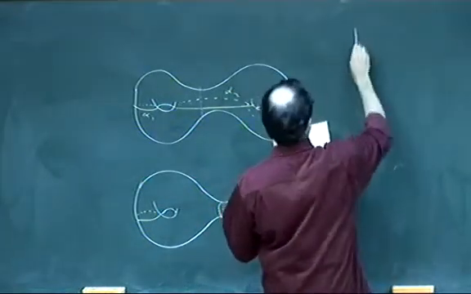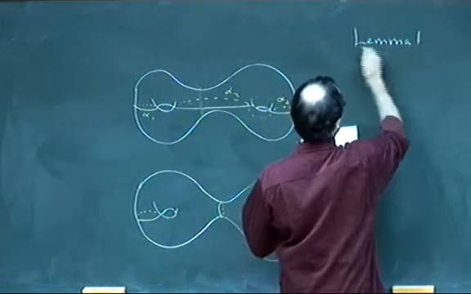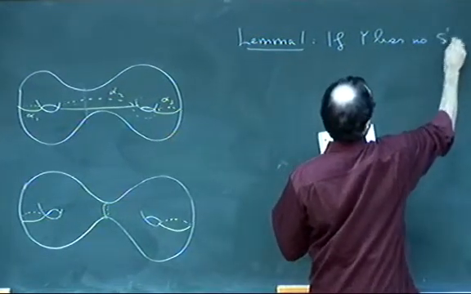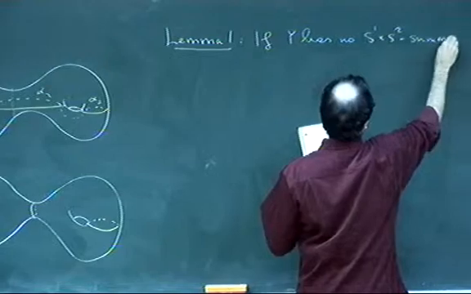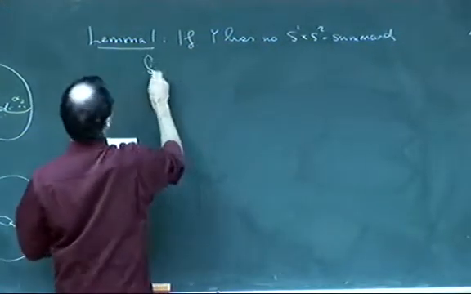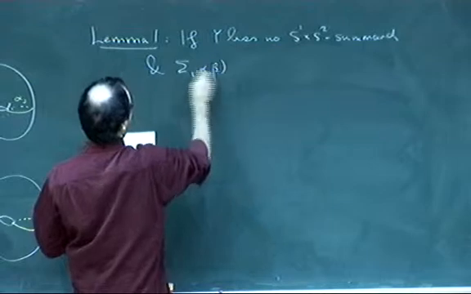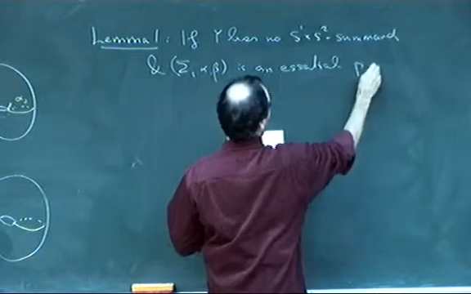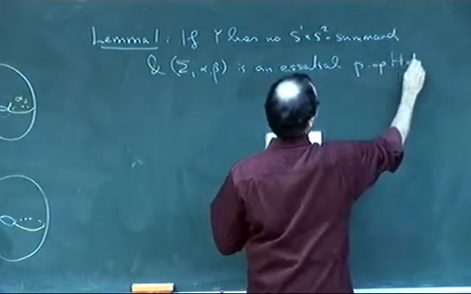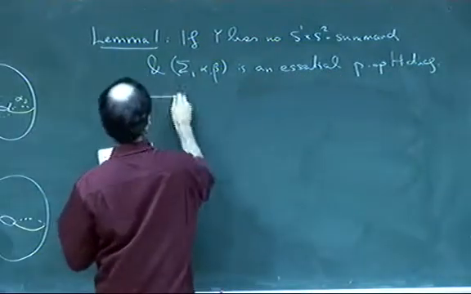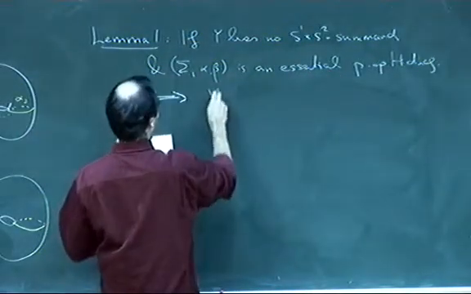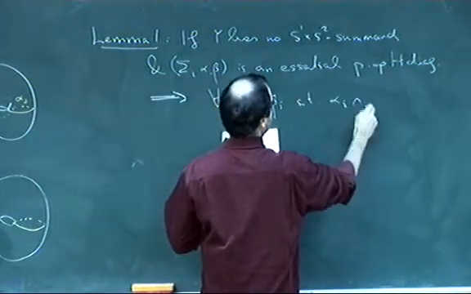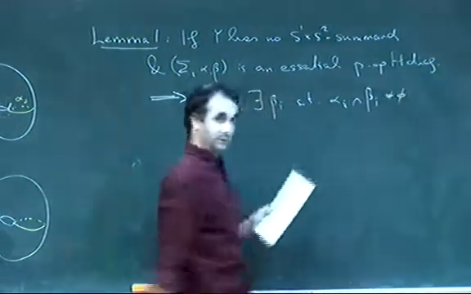So here is Lemma 1. If Y has no S1 cross S2 summand, and (Σ, α, β) is an essential pair of pants decomposition, a pair of pants Heegaard diagram, then for every α_i, there is a β_j such that α_i intersection β_j is not empty.